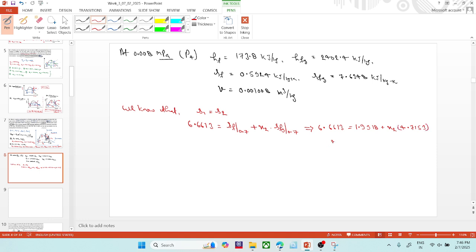Okay, here we will get the value of x2. It is coming as 0.99. Based on that we can calculate the value of h2. H2 will be HF at 0.7 plus X2 into HFG at 0.7.